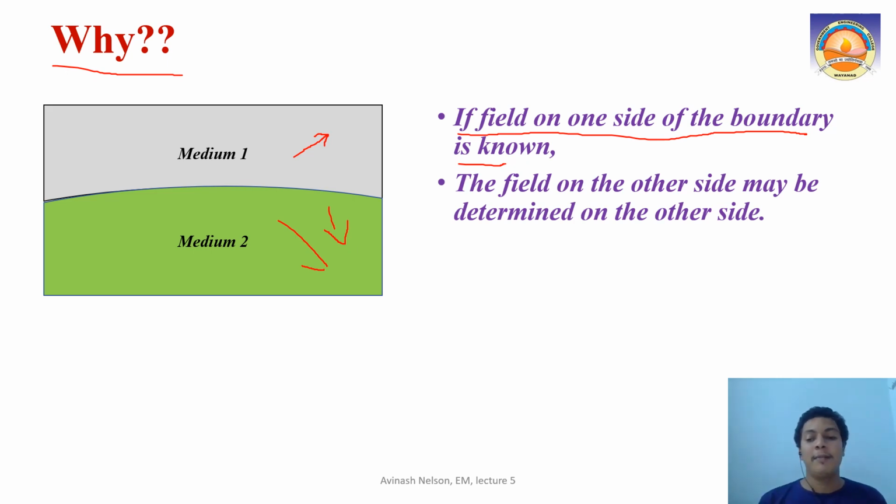That is the major application, or the reason why we should derive the boundary condition. Once we know the field on one side, we can easily determine the field on the other side, if and only if we know the field condition at the boundary between the two media.